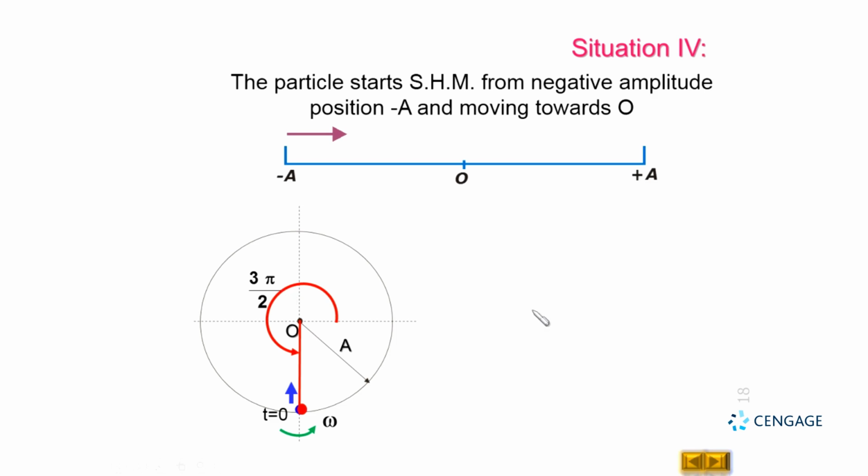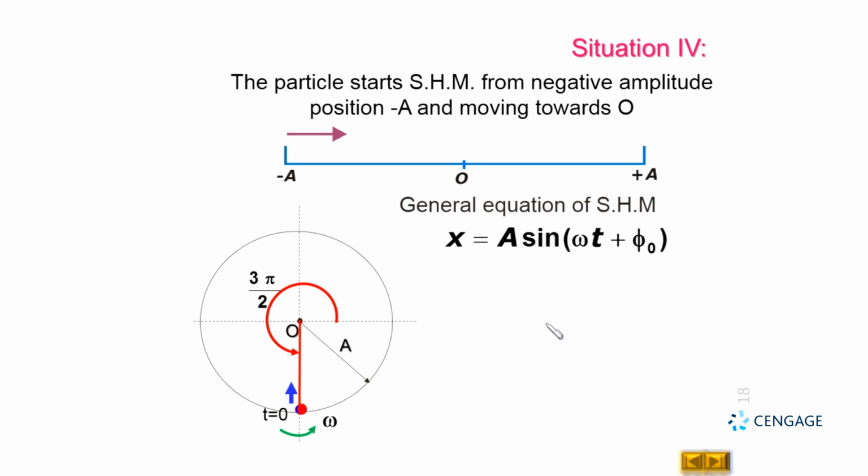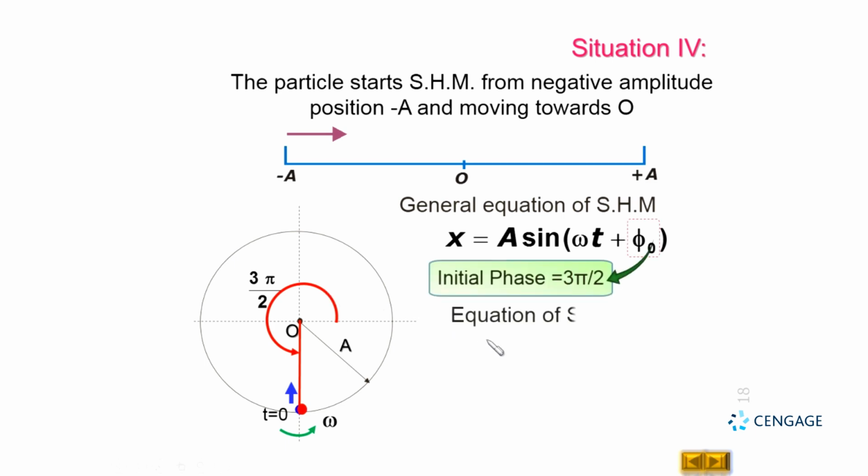Now we got the initial phase, and the same steps are repeated. The general equation of SHM is x equal to A sin(omega t plus phi naught), and this phi naught is the initial phase, equal to 3 pi by 2. So substituting, the equation of SHM is x equal to A sin(omega t plus 3 pi by 2).